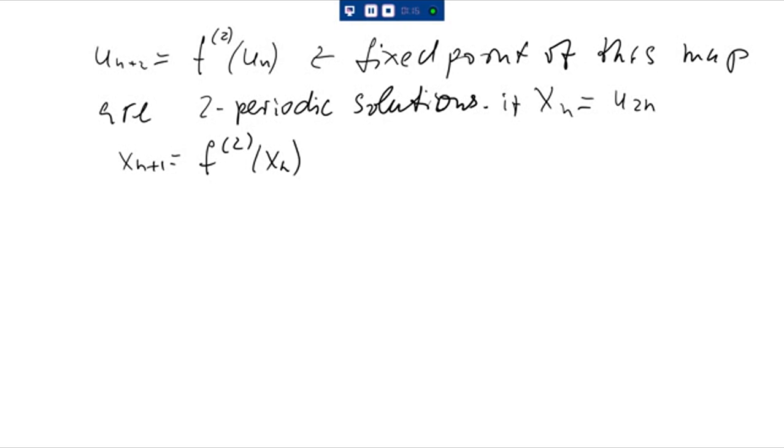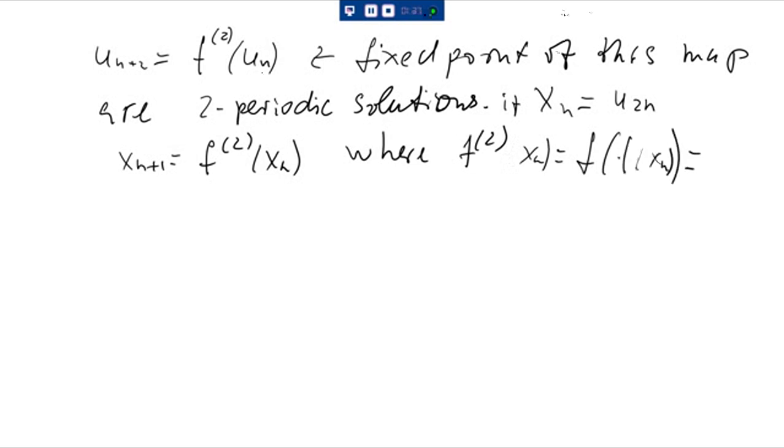And we remember what f2 is, where f2 is f of f of x_n.